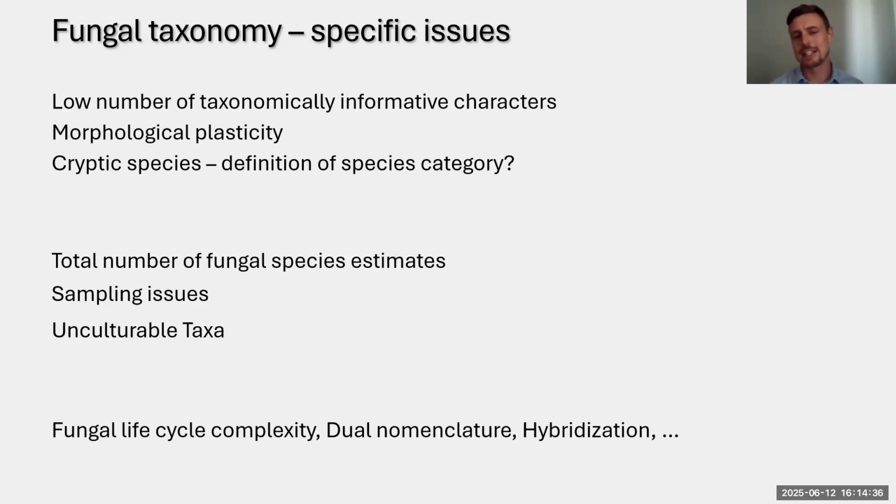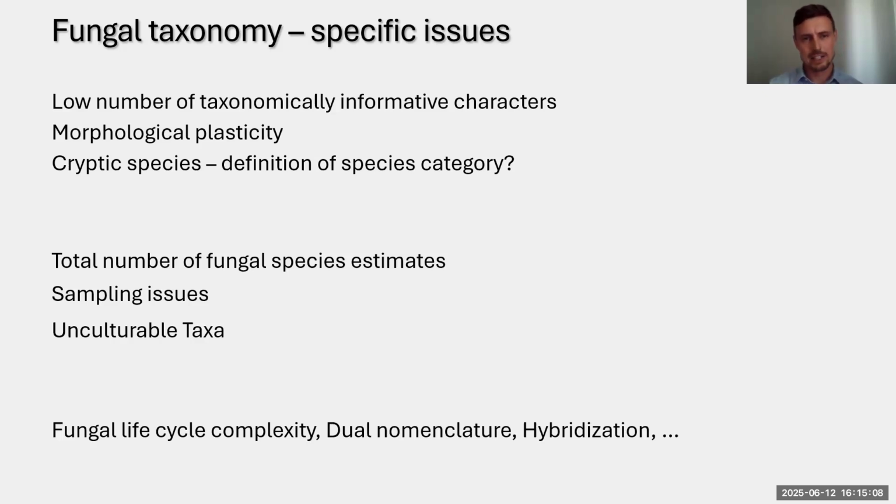Of course, everything is connected to everything, but not as directly. So, for example, the difficult life cycles of fungi complicate taxonomy. Dual nomenclature, of course, complicates taxonomy. Hybridization is a very interesting topic and understudied in fungi. But again, I believe it's not directly connected to the stuff that I will discuss later.